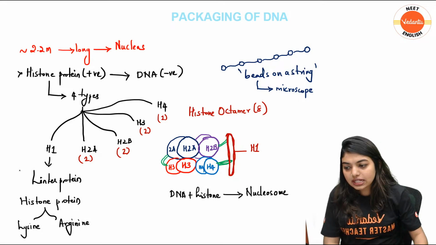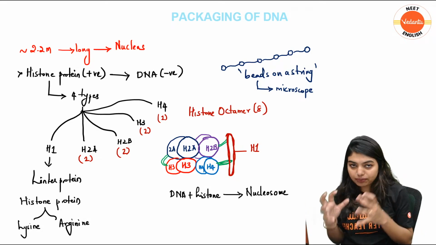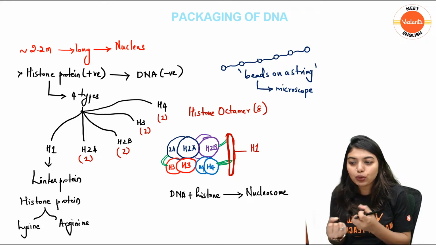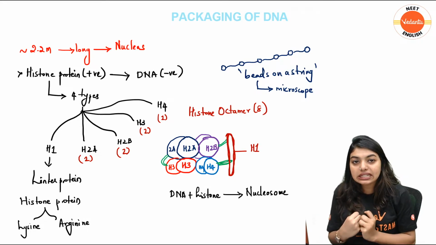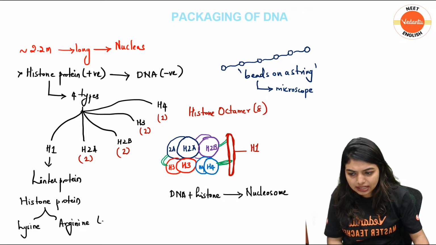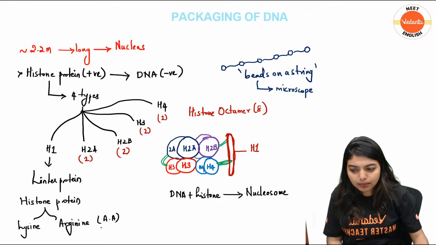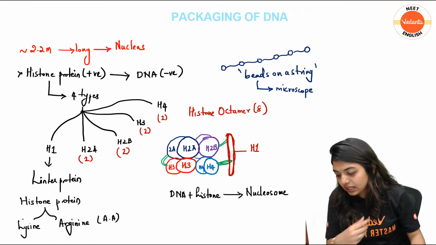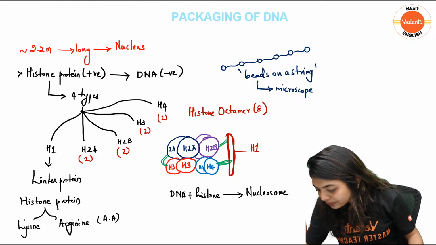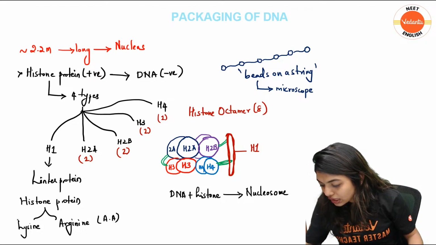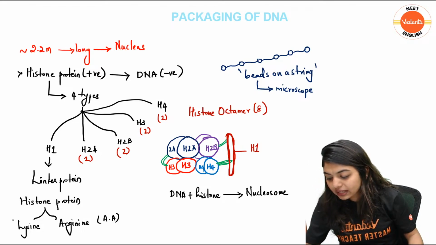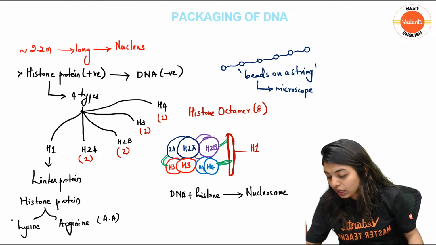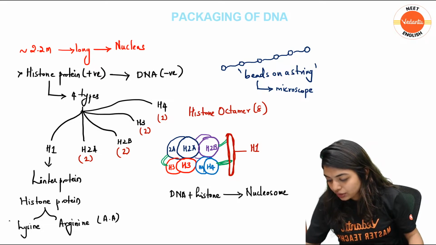Histone is made up of positively charged protein. These 2 are what, students? Basically amino acids. Proteins are made up of amino acids. So these are the main amino acids which are present in histone proteins. Clear or not? This is how such a long 2 meter DNA will get fit into a small nucleus. Okay, a small nucleus.